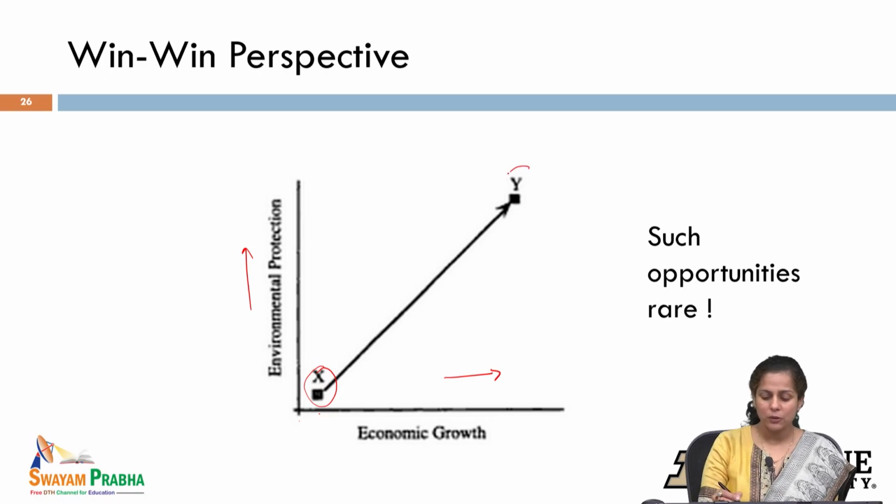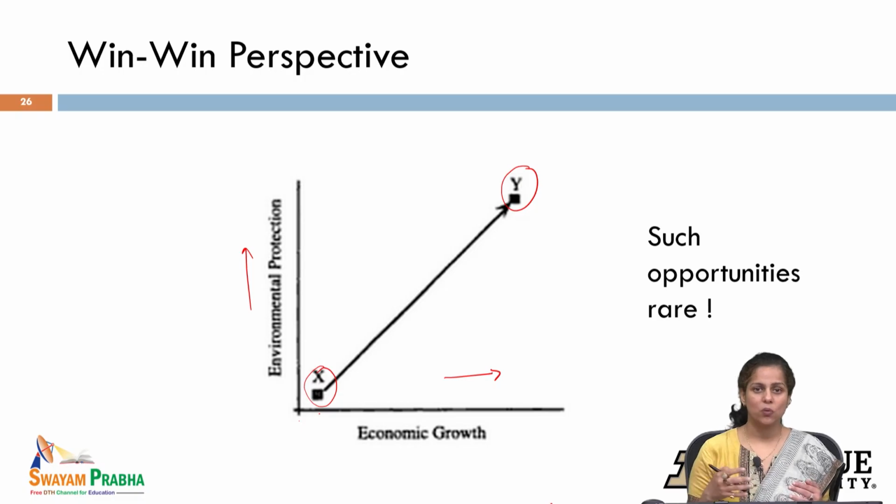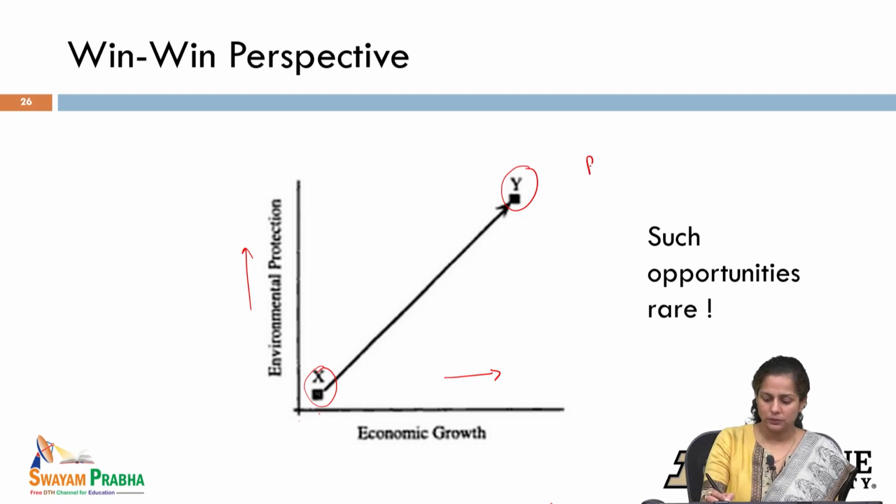But we might have a Y option where we will see high economic growth and also high environmental protection. Such opportunities are rare, but when they exist, it really helps to bring together the environmental and economic pillars of sustainability. An example of such an opportunity in today's world is renewable energy.